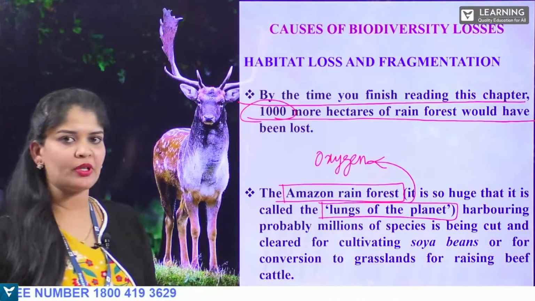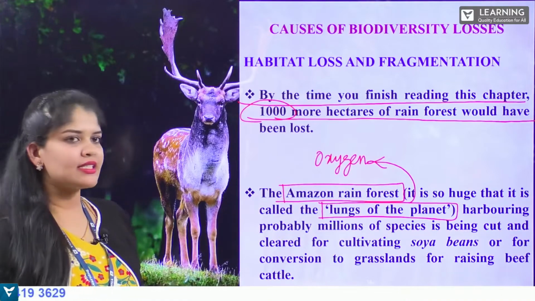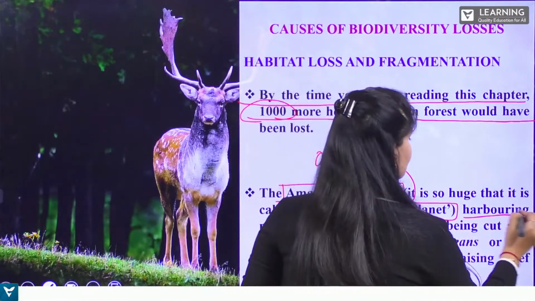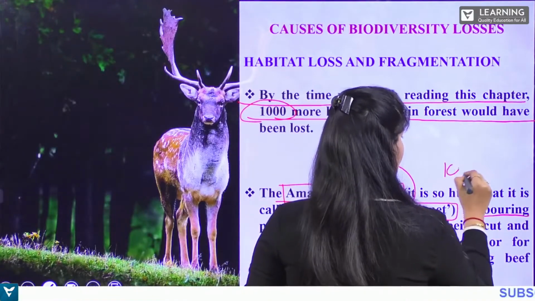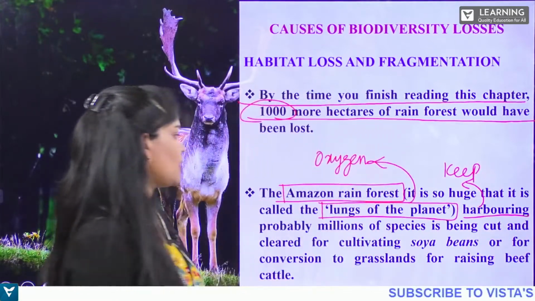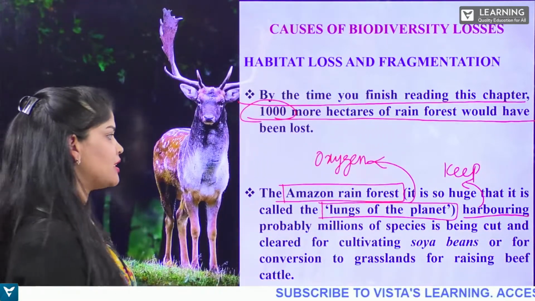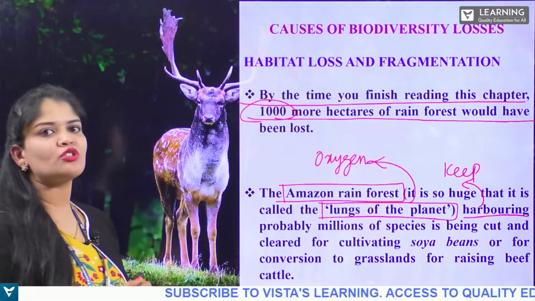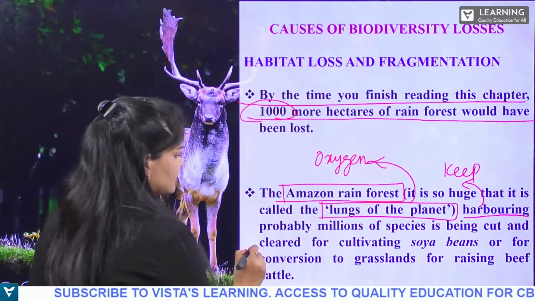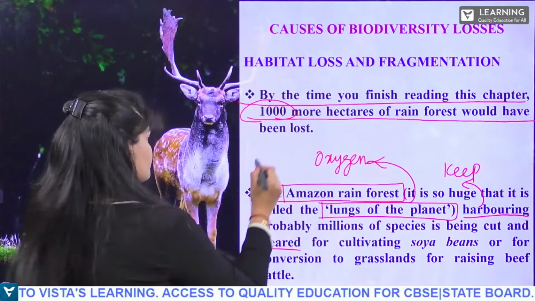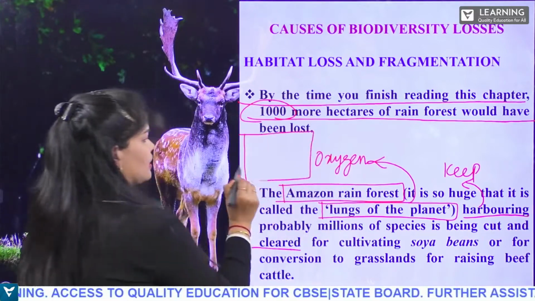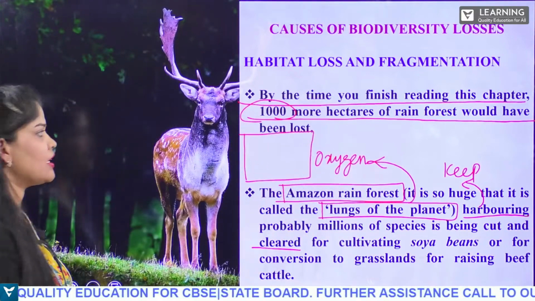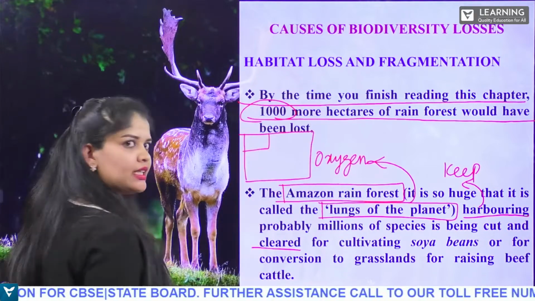But what is happening? The Amazon rainforest harbors, that is, gives shelter to probably millions of species, and it is now being cut and cleared. Think that this is the Amazon rainforest where some of the parts have been cut.